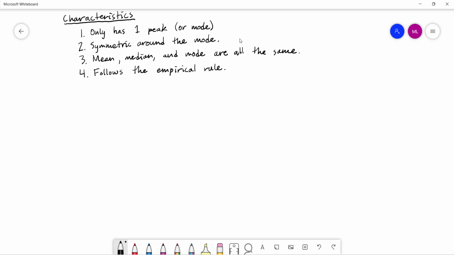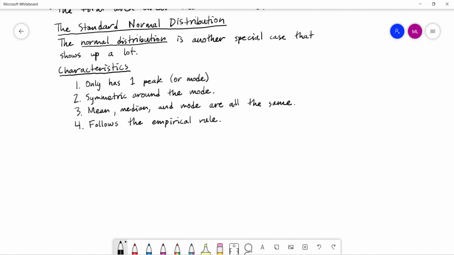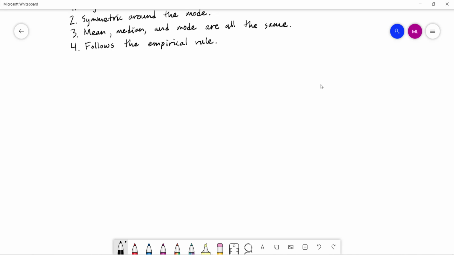So let me draw the picture. A normal distribution that we're talking about here is commonly referred to as a bell curve. You may have heard that term before. So if I draw a bell-shaped curve, here's going to be my horizontal line. Again, that represents all the possible values of x, whatever the random variable is. And I make it bell-shaped. So here is my bell-shaped curve.